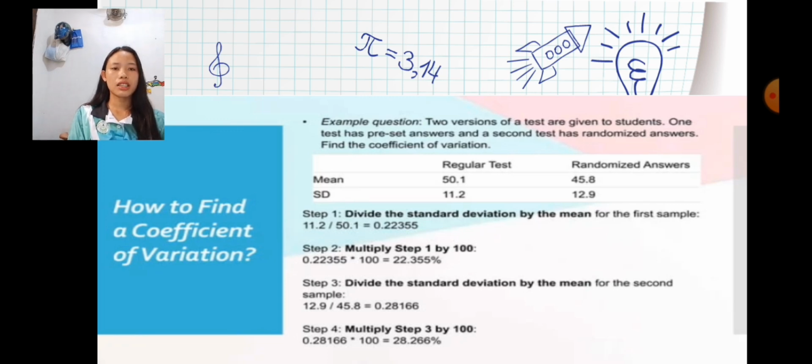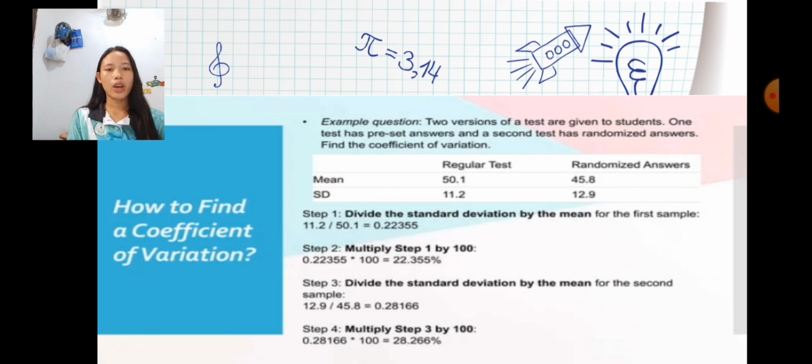The mean is 50.1 with a standard deviation of 11.2 for the regular test, and 45.8 with 12.9 for the randomized test. So we have the following steps on how we are going to find the coefficient of variation.